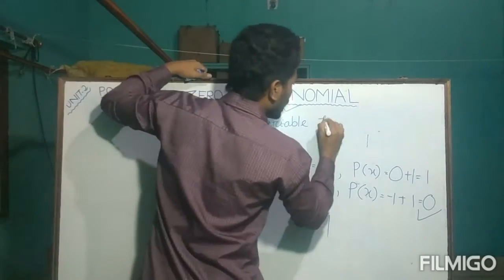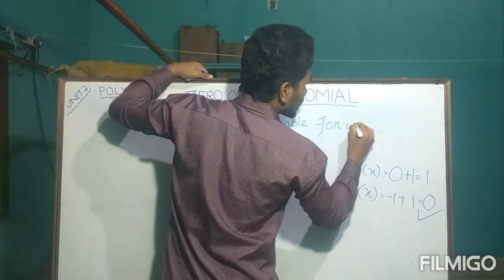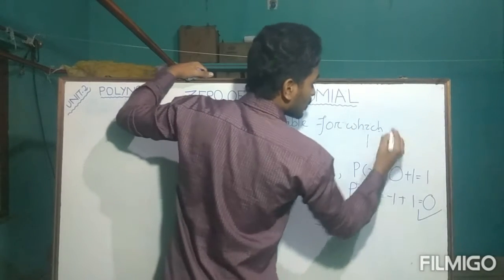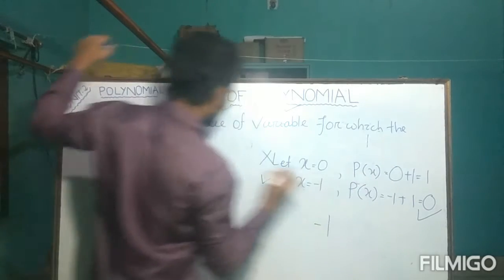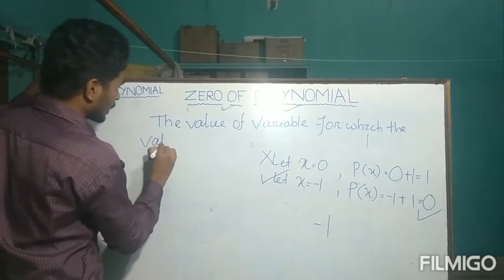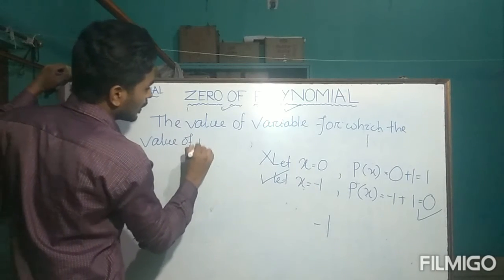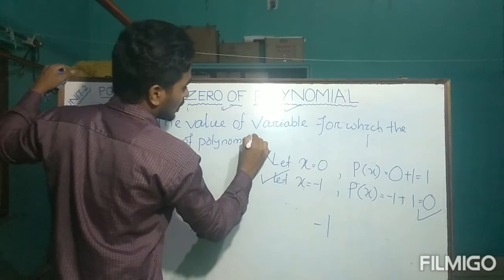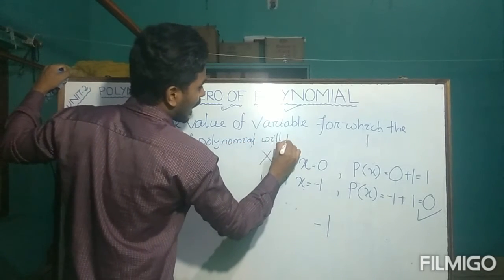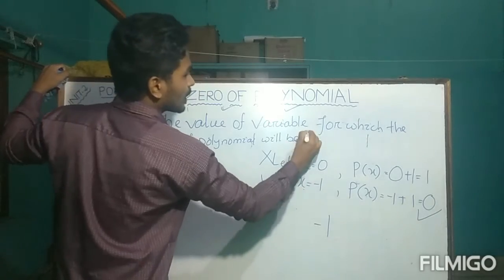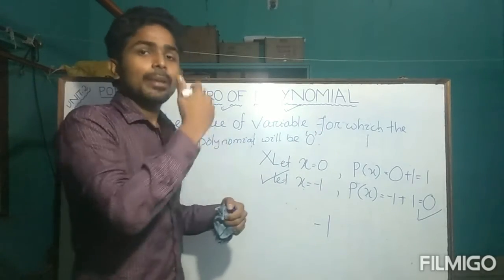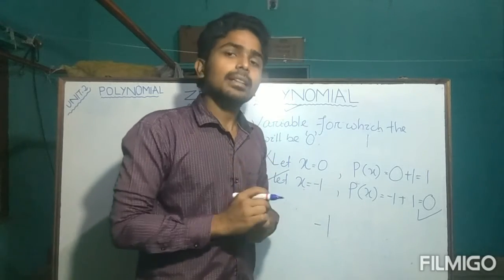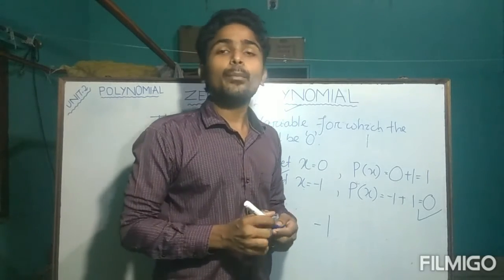The value of variable for which the value of polynomial will be how much? 0. Okay. X रो वेरिएबल जो वैल्यू पाई टोटल पॉलिनोमियल वैल्यू 0 हबो that is known as 0 of a polynomial.